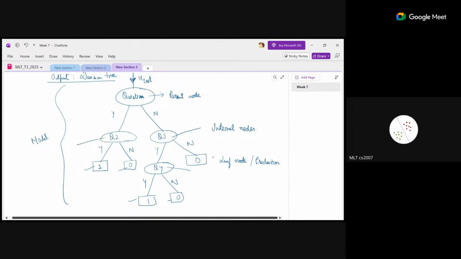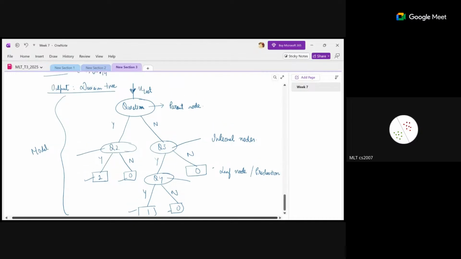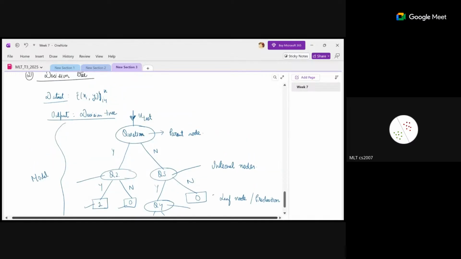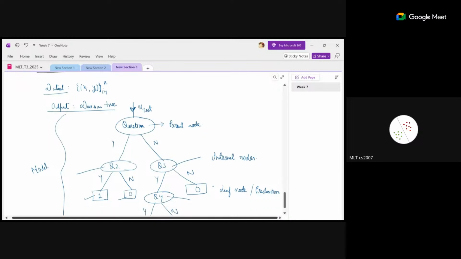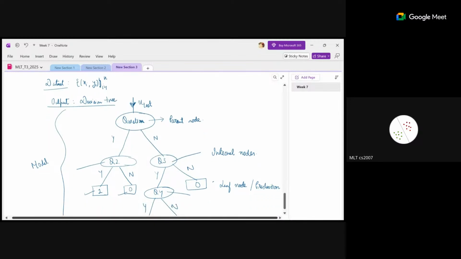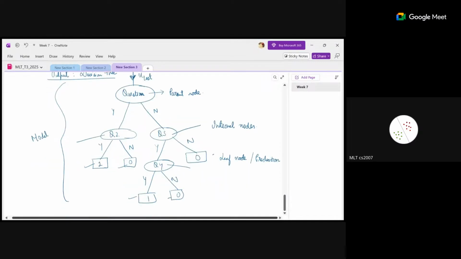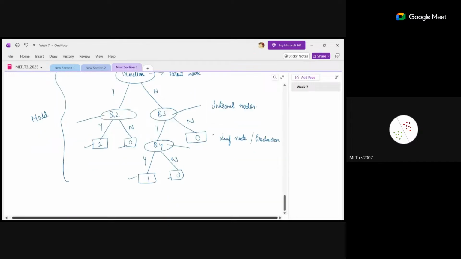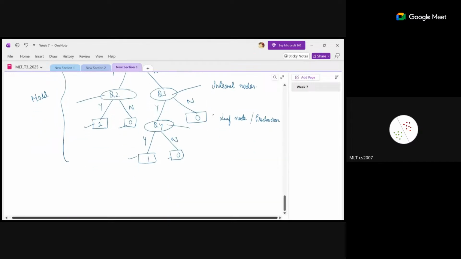So I had a data set which was x1, y1, x2, y2, and so on till xn, yn. Based on that data set, I have come up with this model, this decision tree. Now I can just use this decision tree to make the prediction for any new test data. So this is how the decision tree works.